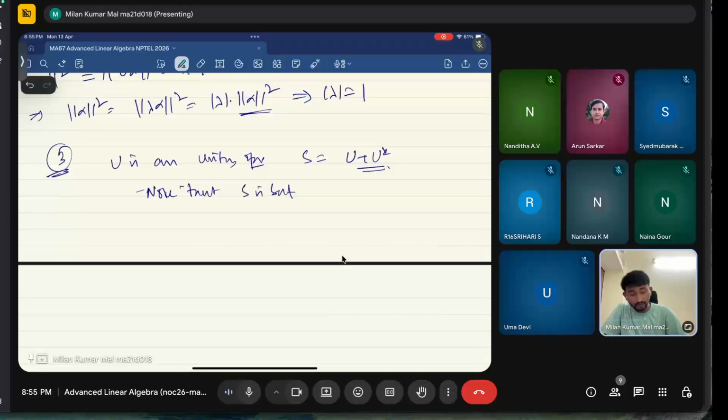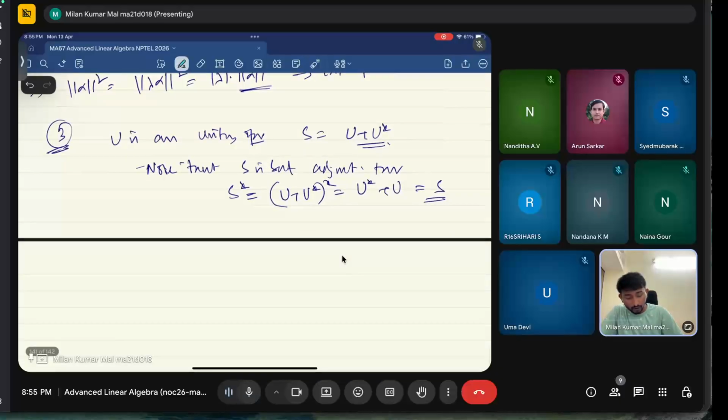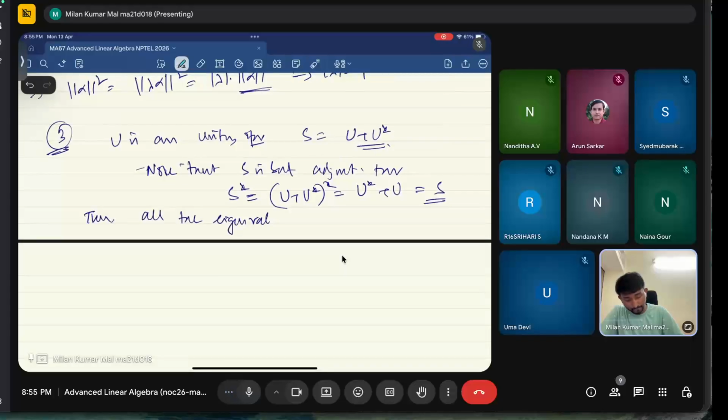That is s star, which is equals to u plus u star whole star, that is going to be u star plus u. So that is again s, so s is self-adjoint. So then all the eigenvalues of s must be real. This is one fact.